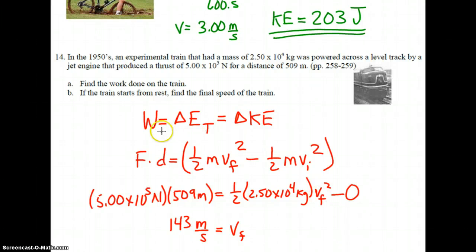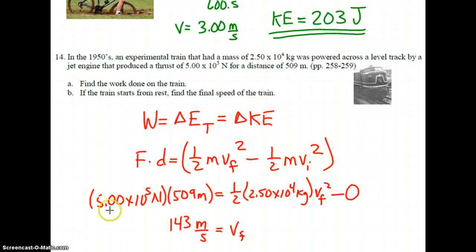This is, again, a work-energy problem. W equals delta ET. The only change in mechanical energy here is kinetic, because only the train's speed is changing. We write the equation for work, which is F times d. The change in kinetic energy becomes 1/2 m vf squared, the final kinetic energy expression, minus 1/2 m vi squared, the initial kinetic energy expression.